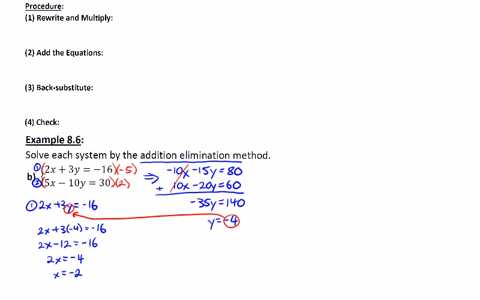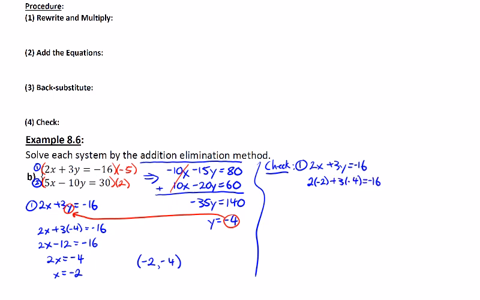So our proposed solution is the ordered pair negative 2 comma negative 4. And I'd like to check that. Go back to equation 1. 2x plus 3y equals negative 16. 2 times negative 2 plus 3 times negative 4 is supposed to be negative 16.